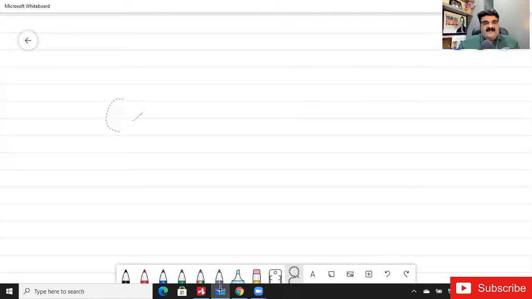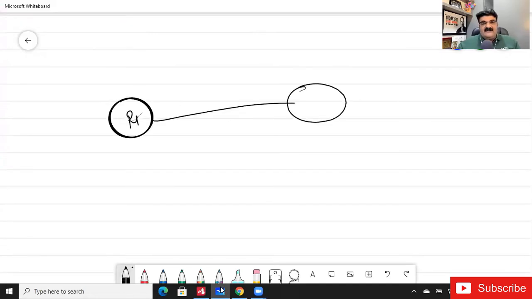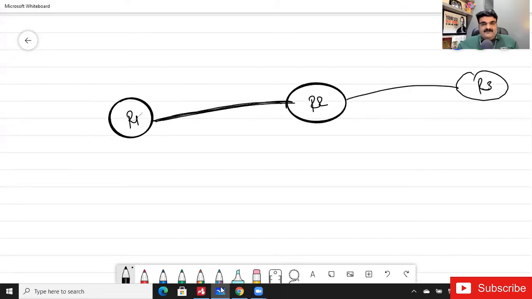Suppose I have a router R1, and a second router R2. The address will be for this particular link. Now if I have a third router R3, you cannot send data to R3 using a link local address.